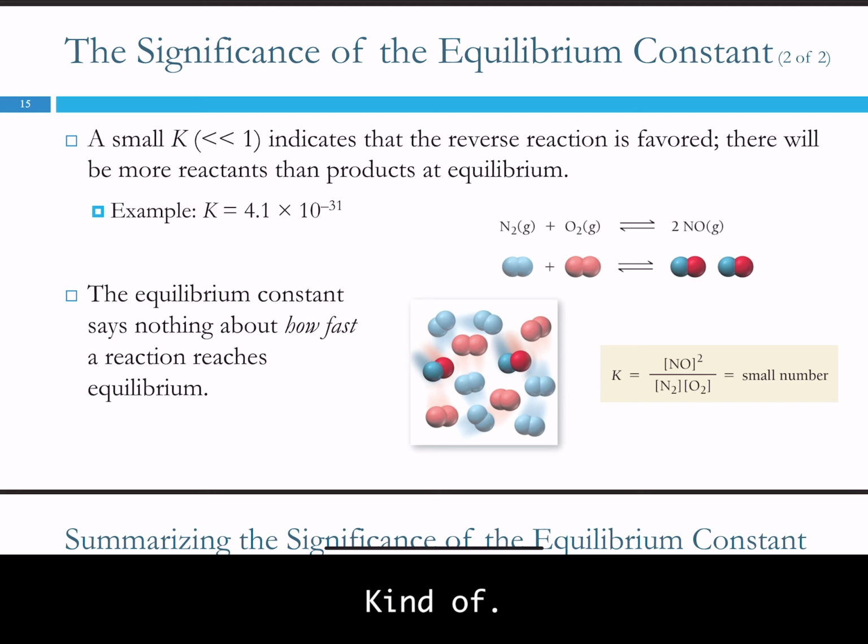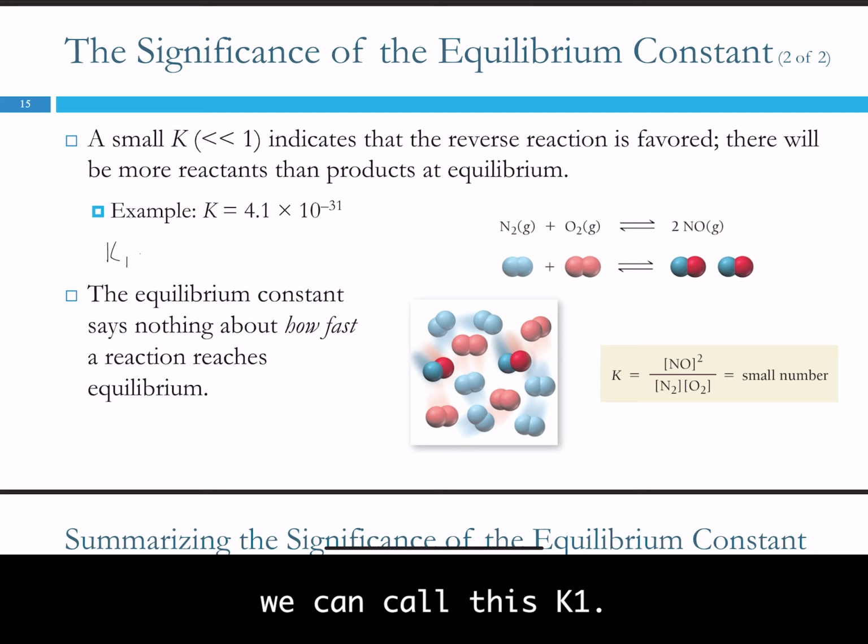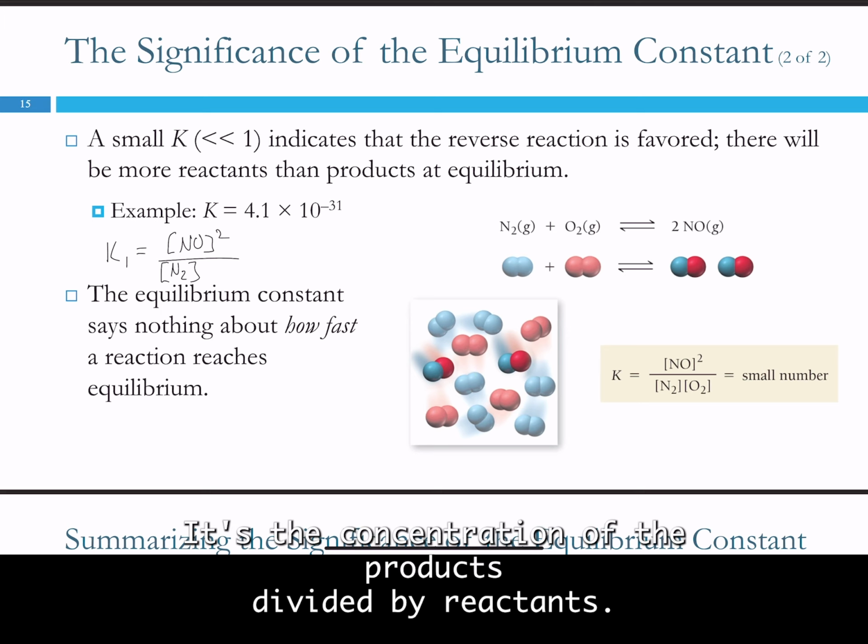How do we calculate K? For the forward, we can call this K1. It's the concentration of the products divided by reactants.